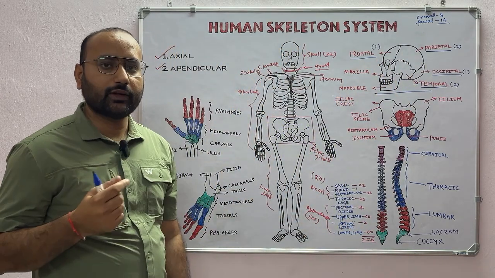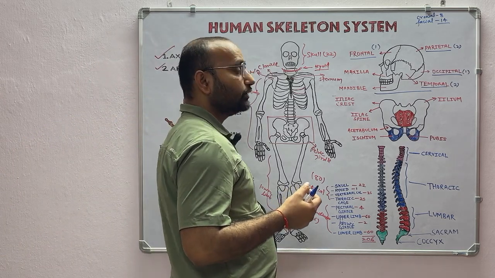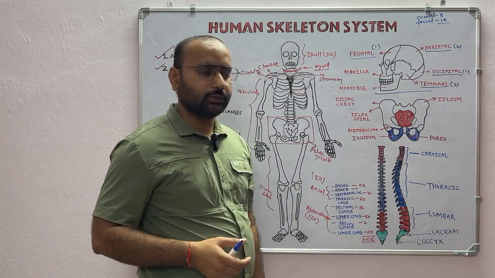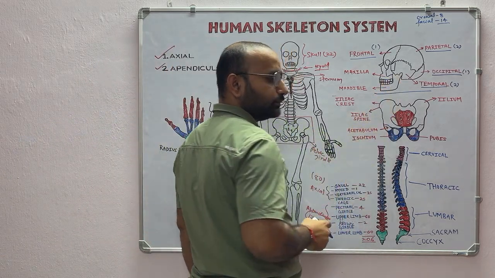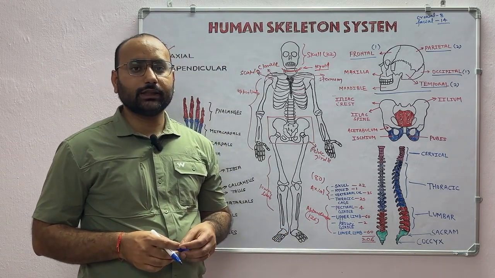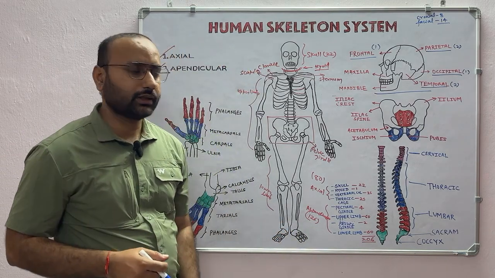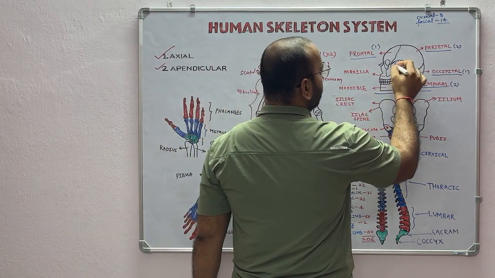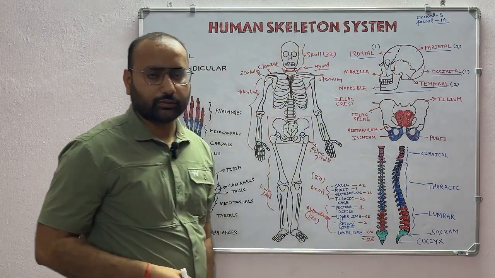Apart from these 6 bones, you have another 2 bones, the sphenoid and the ethmoid. The sphenoid and ethmoid bones both form part of the nasal cavity and the eye orbit, right? So they are present in the cranial region of the skull.